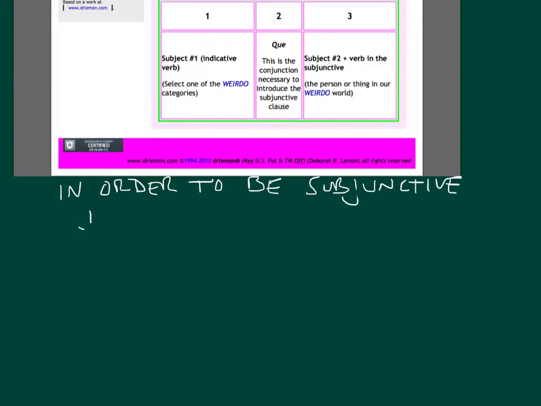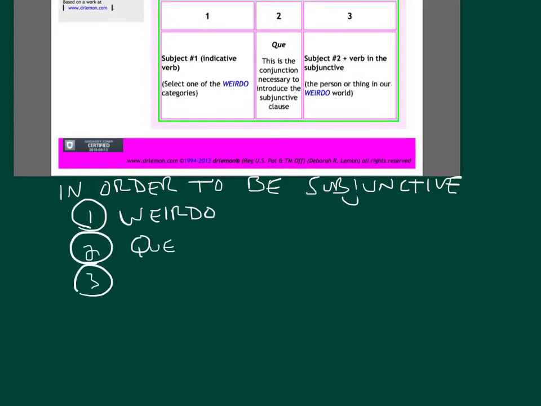It has to be one of the weirdos in the main clause, in that principal clause there. Then you have to add the conjunction que to put the sentence together. And then, almost most important of all, there has to be a second subject in the dependent clause. There has to be another person there.